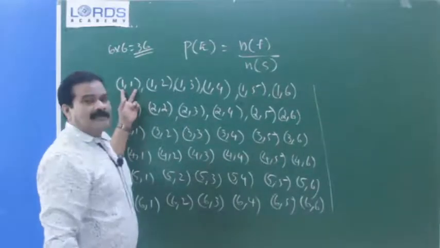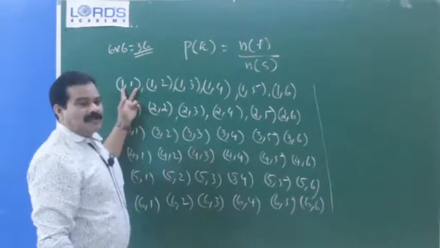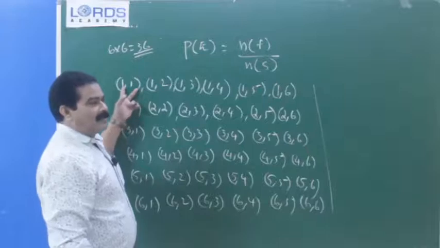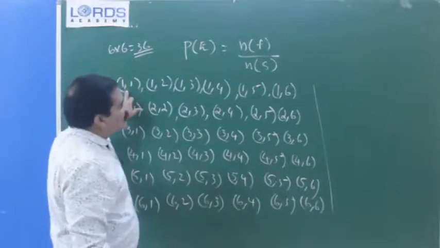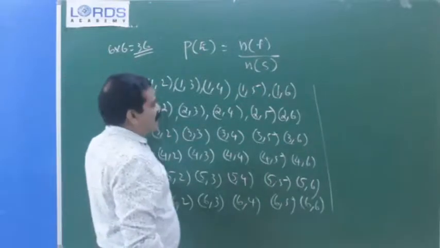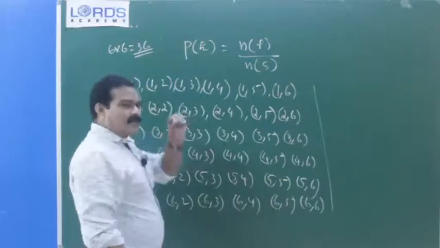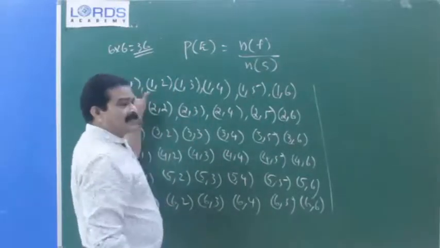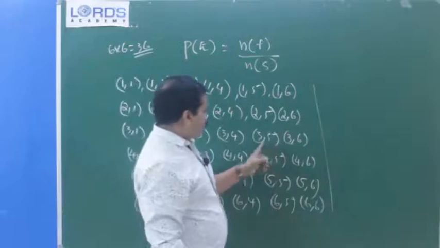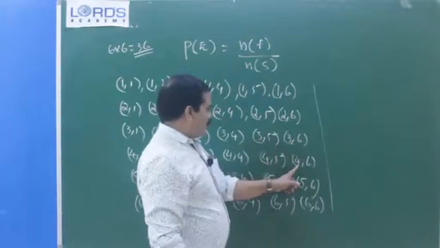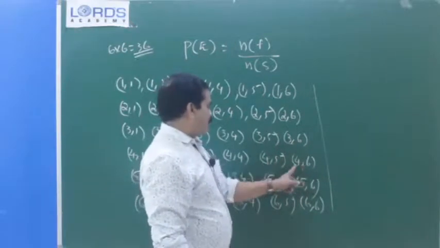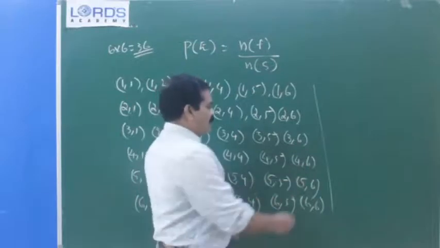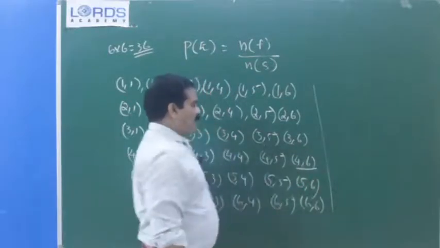For example, 1 plus 1 is equal to 2. We can't accept this because we should get at least 10. From then you take this one, 4 plus 6, that is 10.